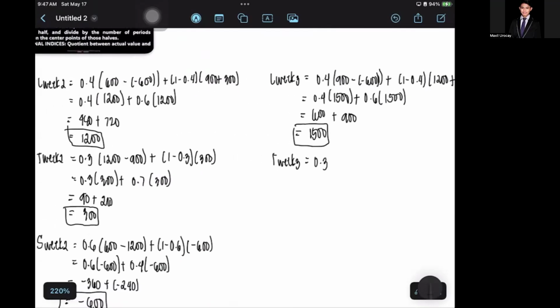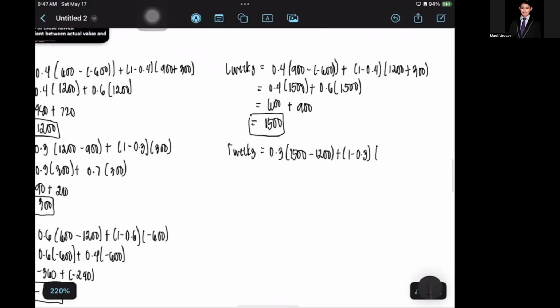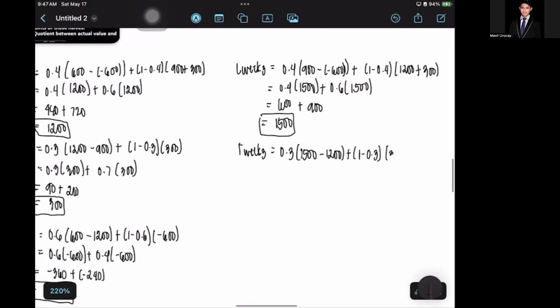So 0.3 times the current level, that is 1,500, minus the previous level, which is 1,200. And then plus the parameter, which is 1 minus 0.3, times the previous trend, which is 300.